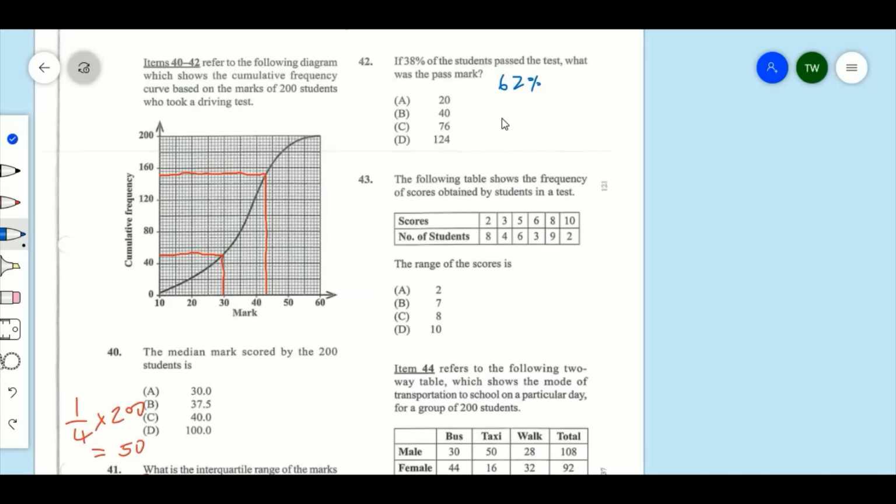So what we can do, we can find 62% of the total population. So that's going to be 62 over 100 multiplied by 200.